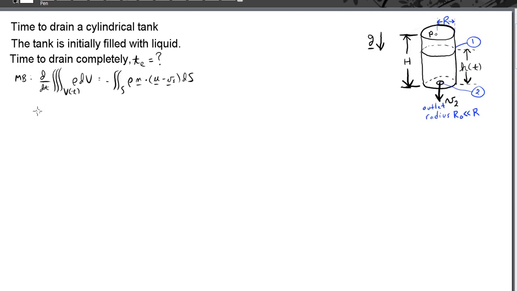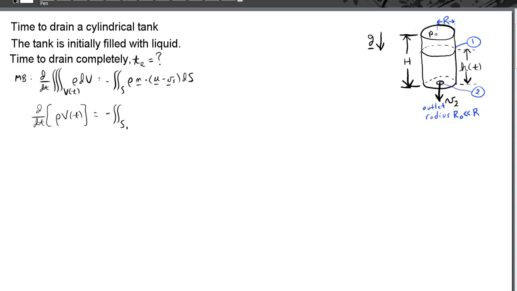So on the left-hand side, we get the time derivative of, well, rho times the total volume, V of t. And that's going to be equal to minus the integral over S, let's say the top surface, or S1, which is this plane 1, the top surface of the liquid. So the top of our control volume is going to move with the liquid.